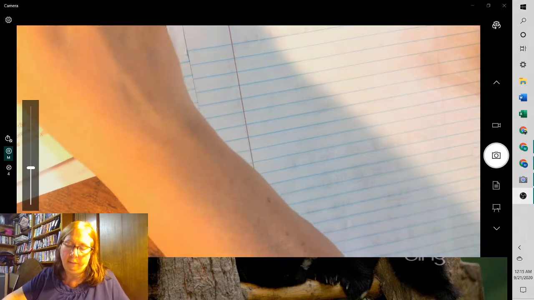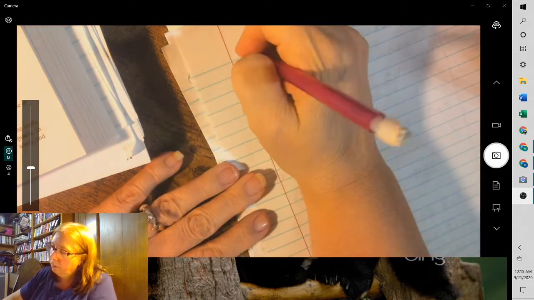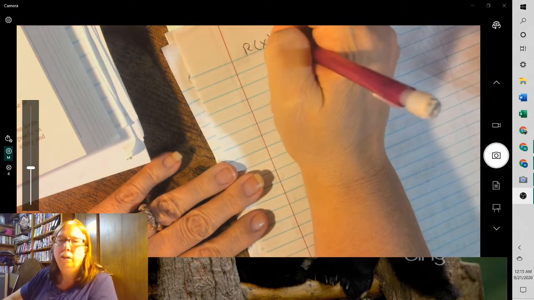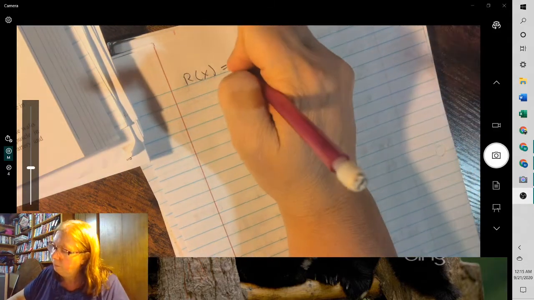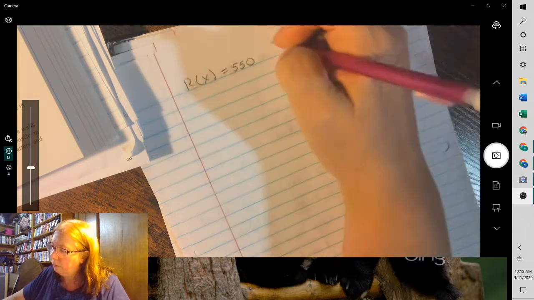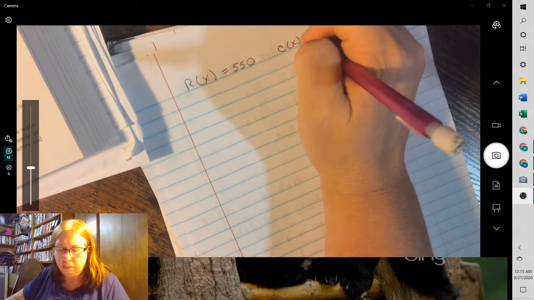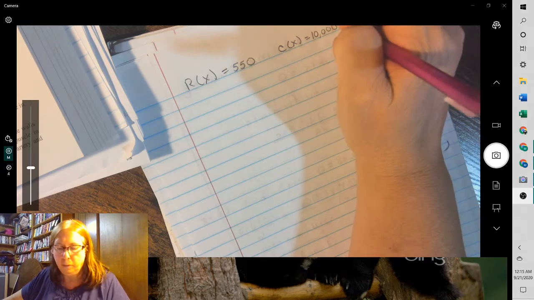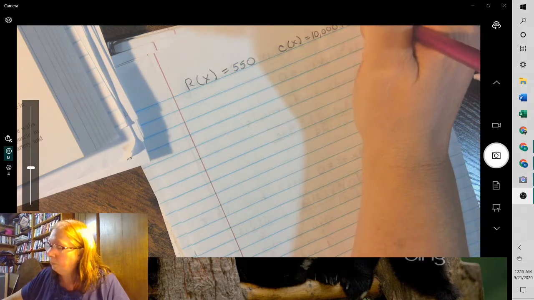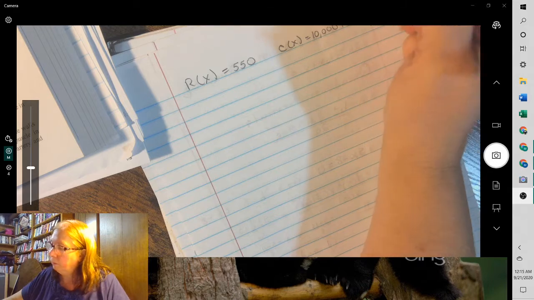Okay, so we have R of x equals 550x, and our cost is 10,000 plus 30x plus x squared.